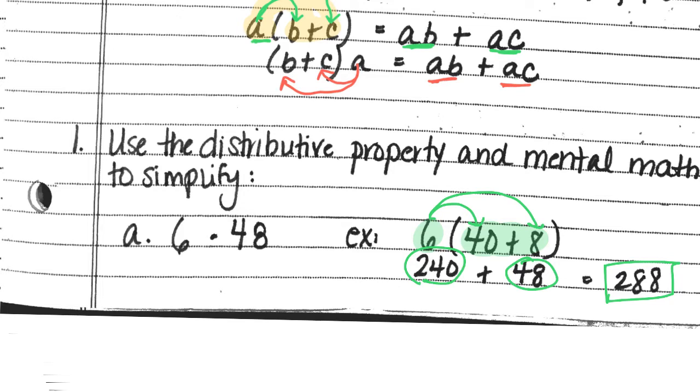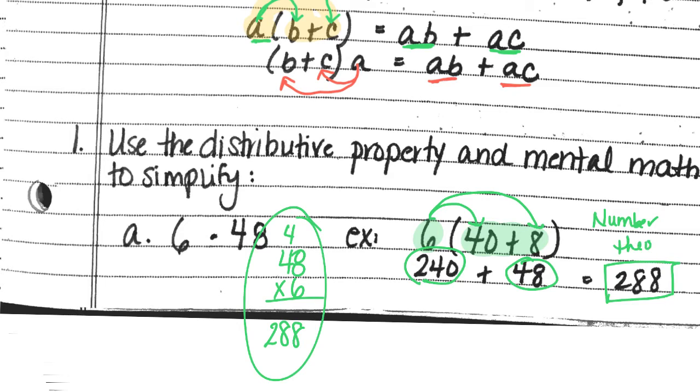Now, obviously, you could multiply 48 times 6, carry, and you get 288 as well. Most of you are used to doing the old school classic way, but this is just a good way to open up your number theory a little bit and see how numbers really work. So just take note of that.